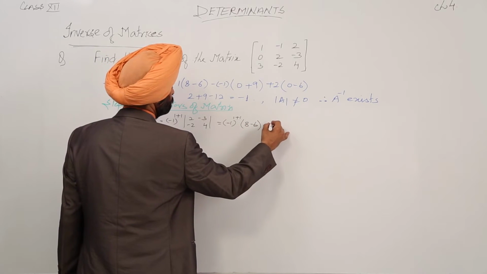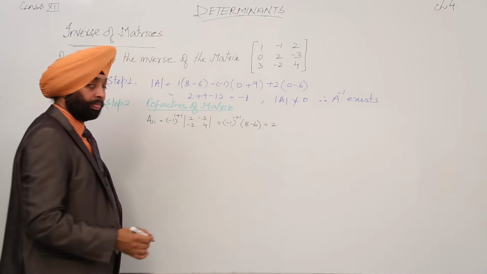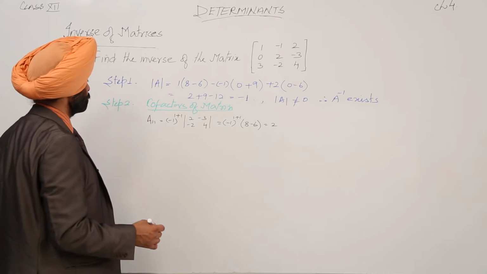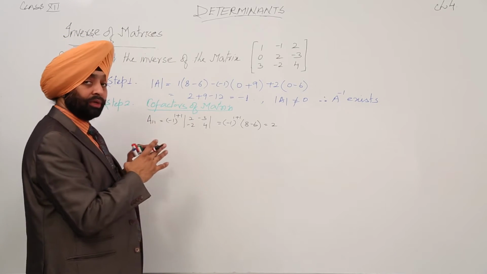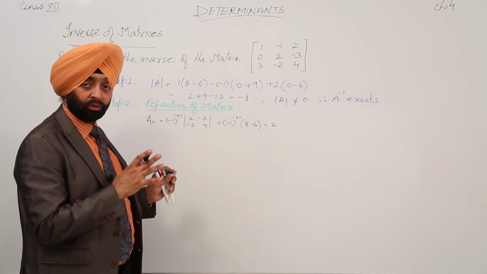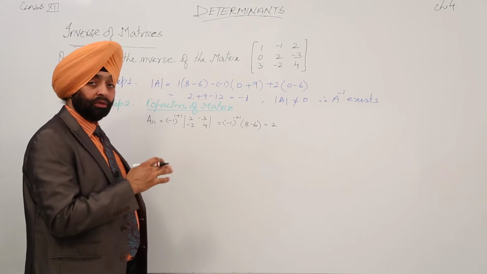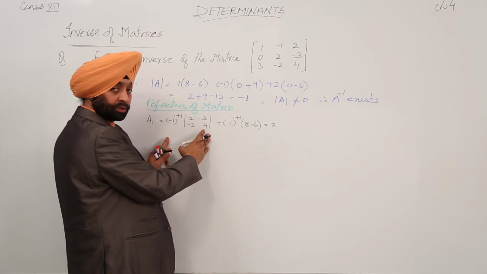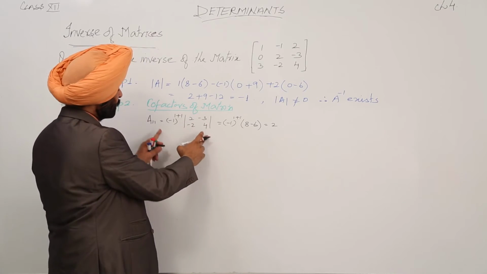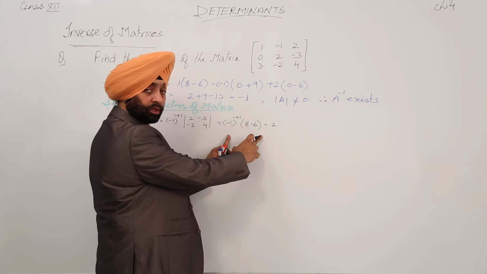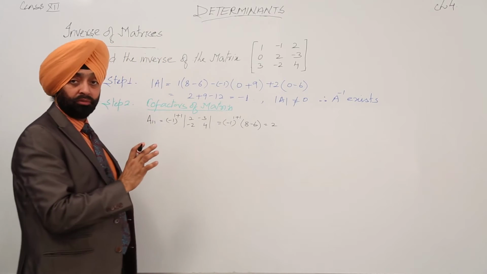This is equal to 2. Okay, first cofactor is 2. Now similarly we can proceed for all the 9 cofactors. Second thing, if you are not writing like this part, you can directly approach for this part. Okay, marks will not be deducted for these things.